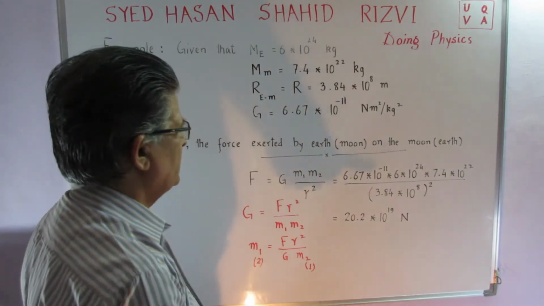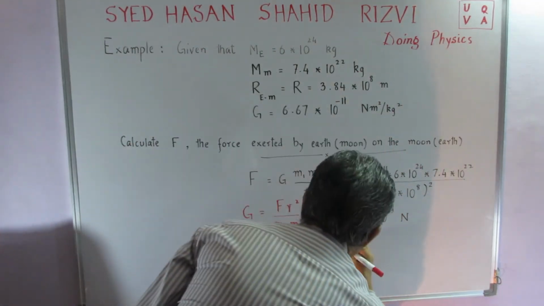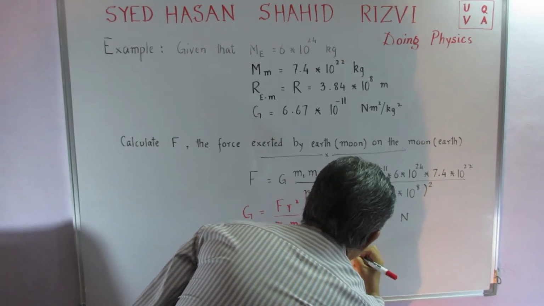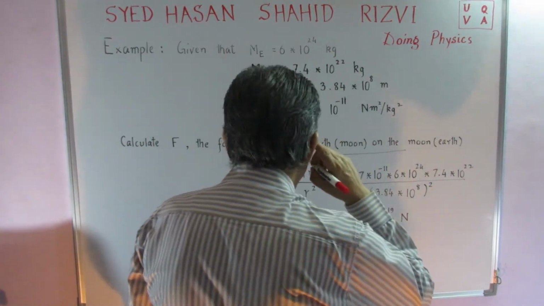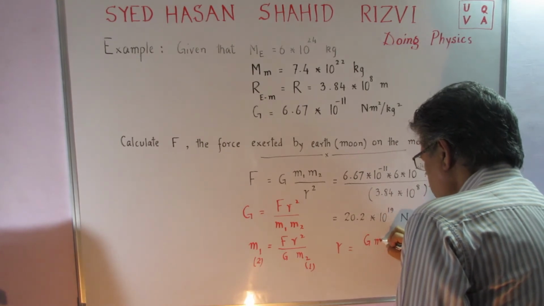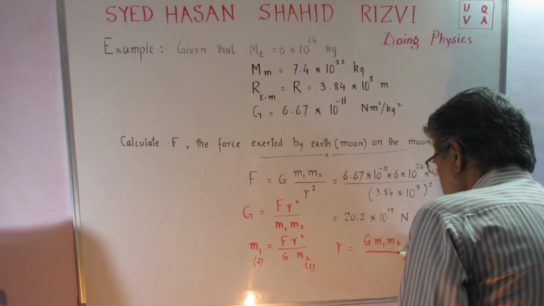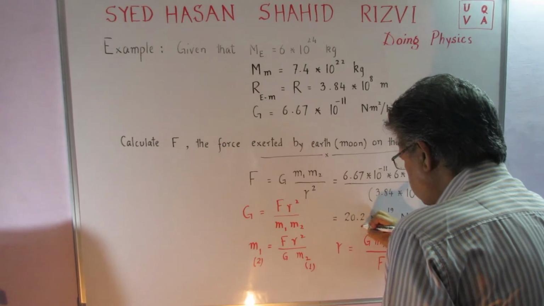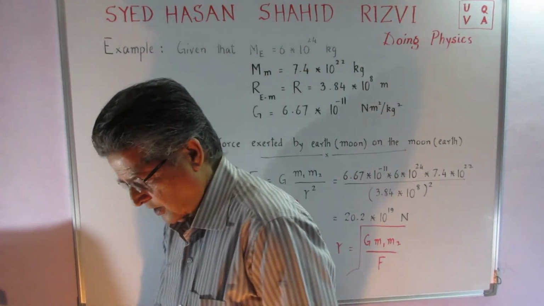We can also calculate the value of r. Other things are known to us, and r will be equal to capital G m1 m2 upon F. These things are known to us, and we just have to substitute these values, and we find the distance between the Moon and the Earth.